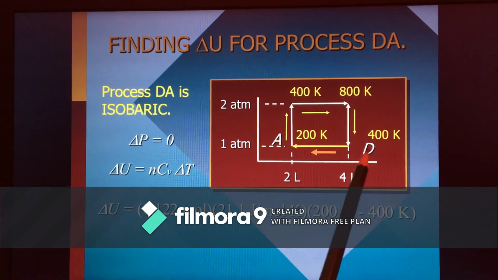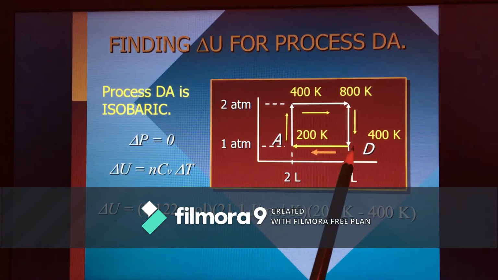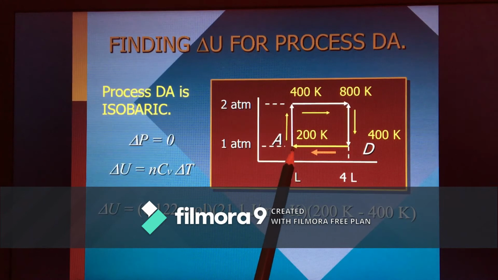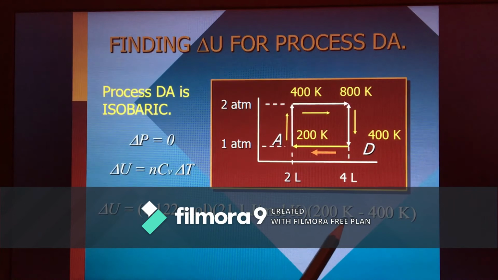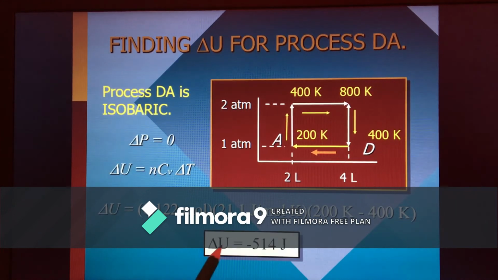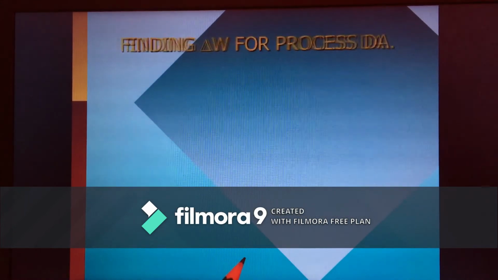This is the initial temperature at D, then the final temperature at point A. So we have 200, which is the temperature at A, minus 400, the temperature at D. This part is negative, so we get the change of internal energy that is negative 514 joules.